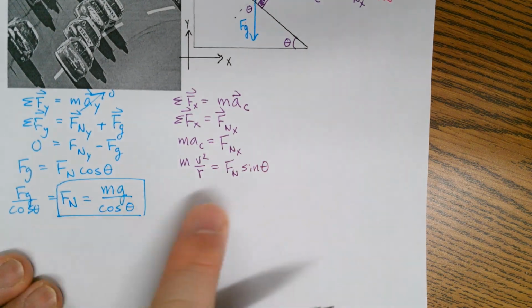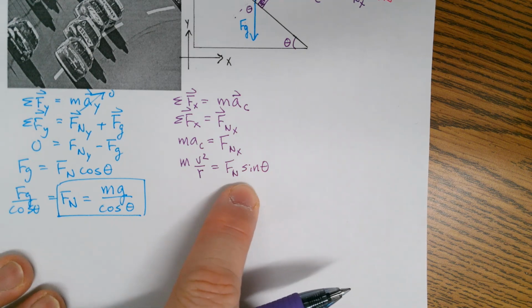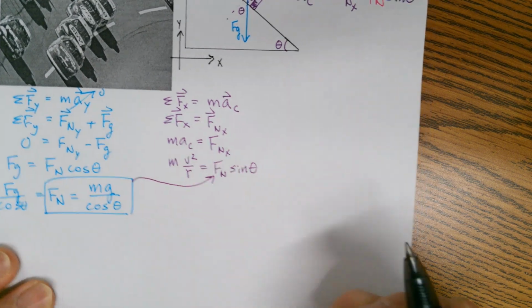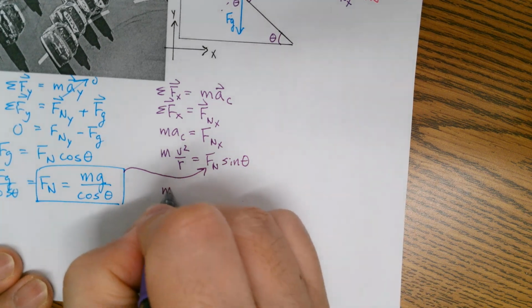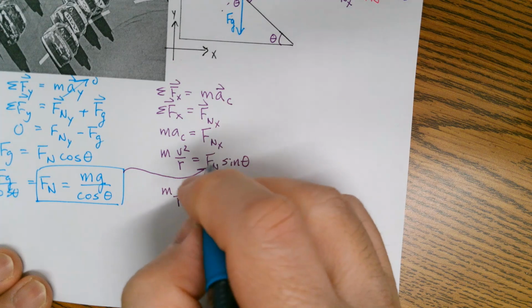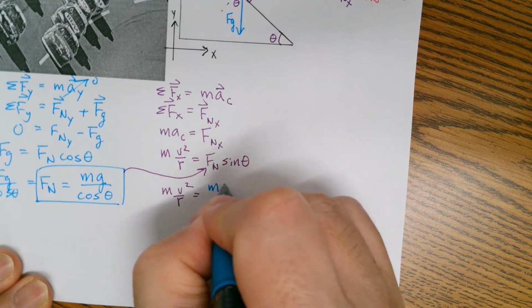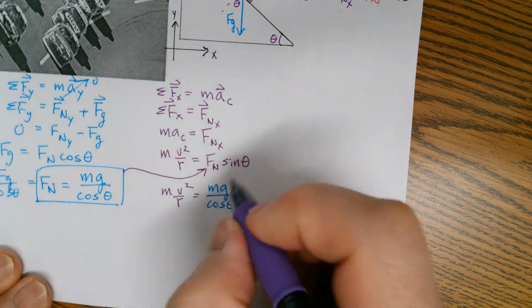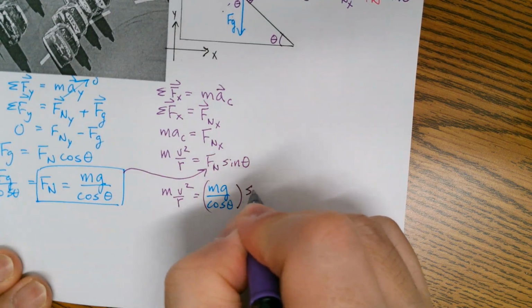But this F_n and this F_n are the same F_n. So if I substitute this in here, I have m v squared over r is equal to m g over cosine theta times sine theta.